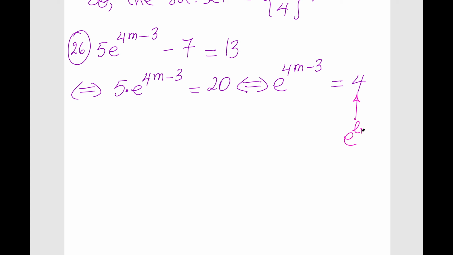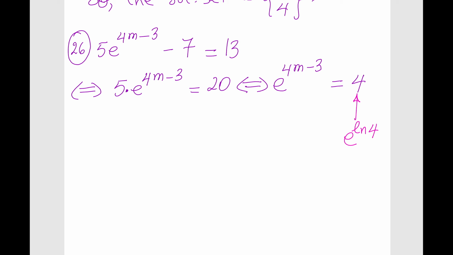So if you put 4 here, since these are going to undo each other, that's going to be the same thing as 4. Correct? a to the log base a of x is simply x. Agree with that? As such, we've rewritten 4 as an expression with the base e. And that's what we wanted to invoke the asterisk property above.